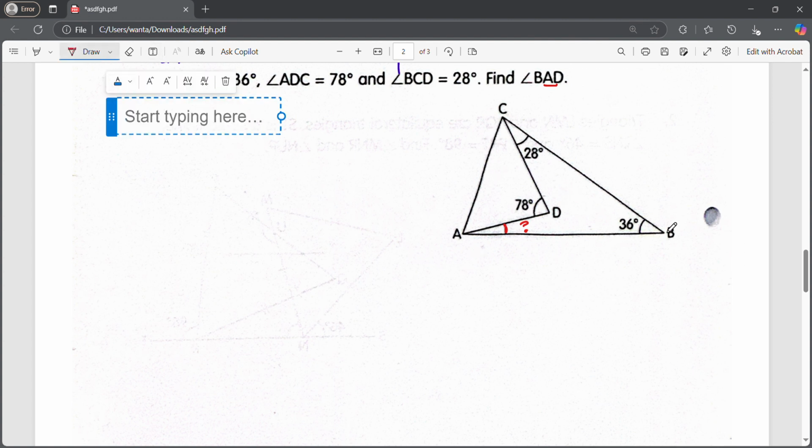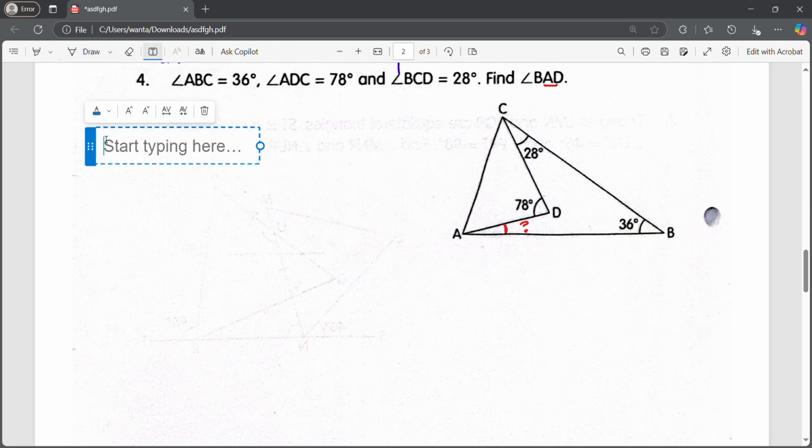This whole thing is in a triangle, so BAD is equal to 180 degrees minus the 36 minus the 28, and then minus the two angles over here that we don't know yet.